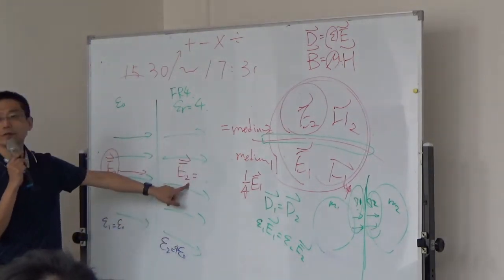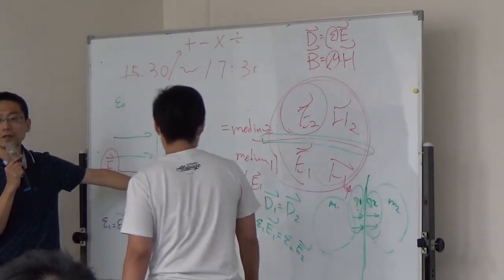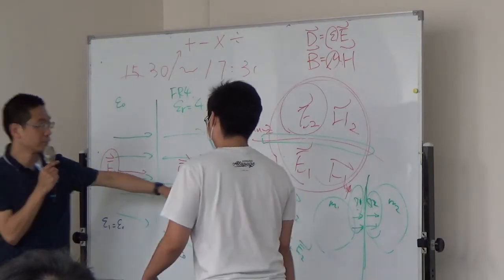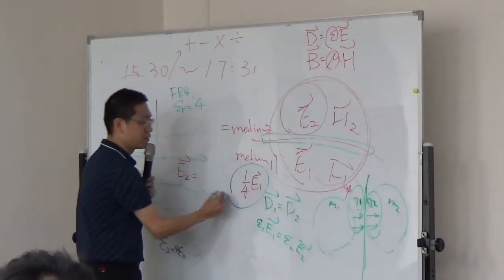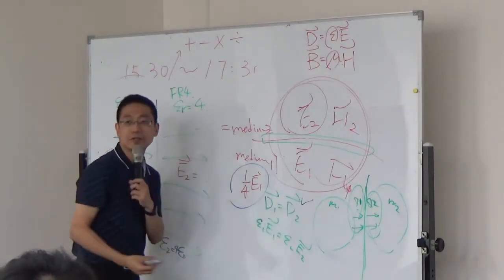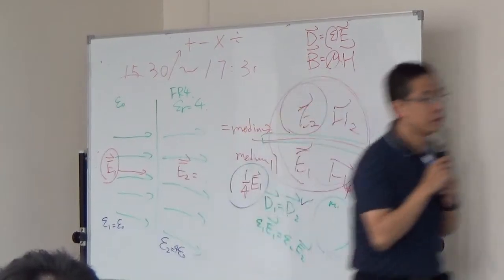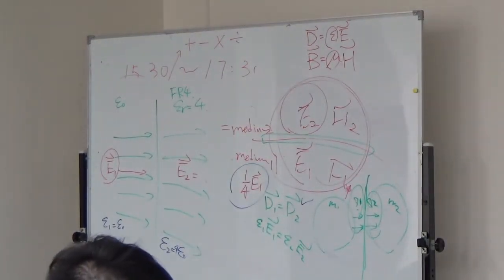So what is E2? You got 5 points. This is the answer, because you want to make this equation.